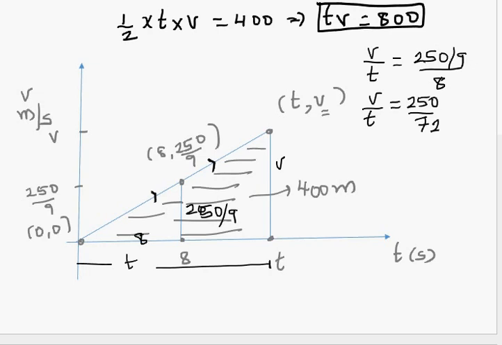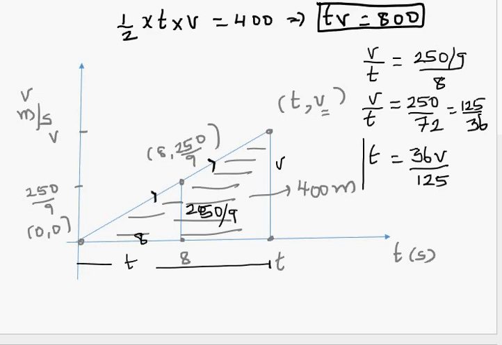Simplifying, it is 125 on 36. So if you make t the subject, t can be written as 36v on 125.